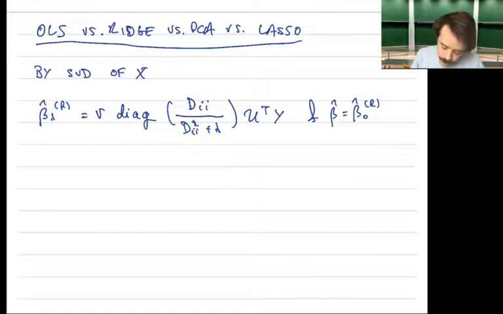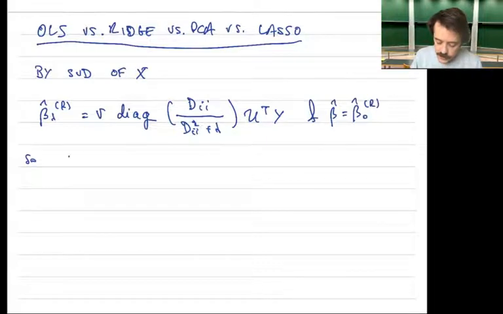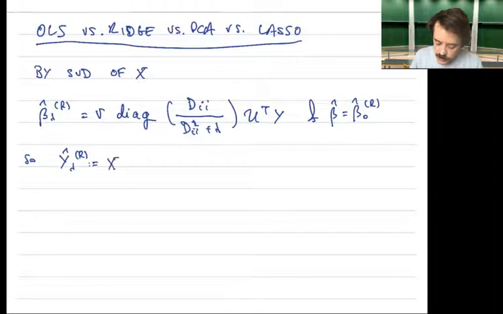And this is the way of comparing things: the Ridge prediction of the responses is defined simply as the product of the design matrix times the estimator, which should be familiar to everyone.